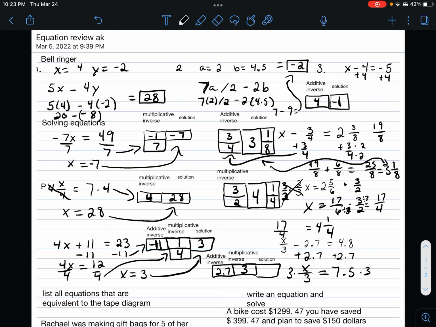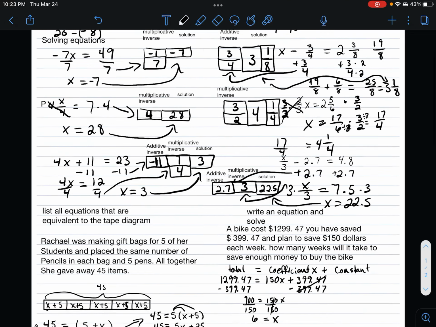So our multiplicative inverse here is 3. 3 times 7.5 is going to be 22.5 for our solution. So x is equal to 22.5. This goes into our solution. That 3 goes in for our multiplicative inverse. And the 2.7 goes in for our additive inverse.